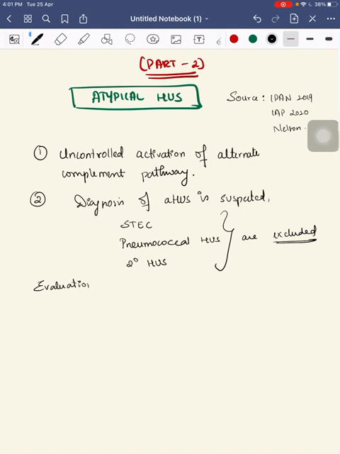They should be excluded for you to suspect atypical HUS. It should be based on clinical and lab features.